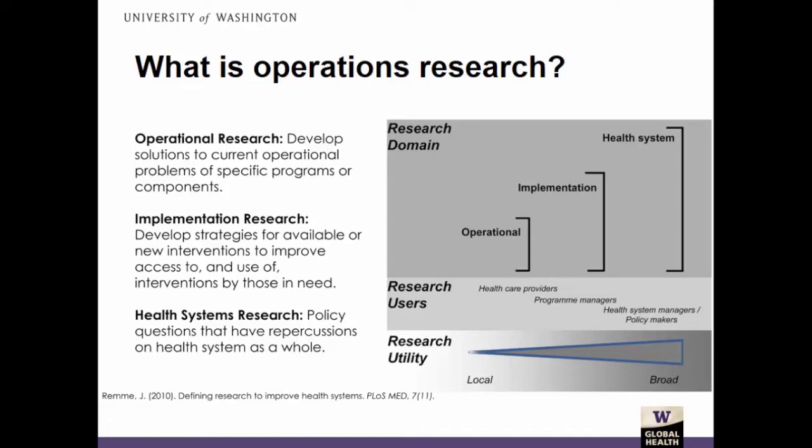While language and terms always can be used differently by different people, in general, the term operations research focuses on local settings, often a clinic, a practice, or a small care delivery system that is interacting directly with consumers, which in our field tends to be patients, of course. This often includes working with healthcare providers and managers, as you see in this figure here, under the research users is healthcare providers for operational research.